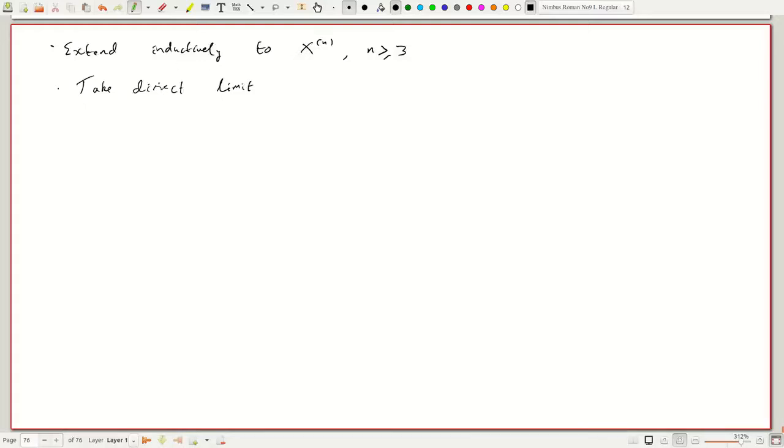So how do we extend inductively? So at each stage, we have to define, so let's write it.